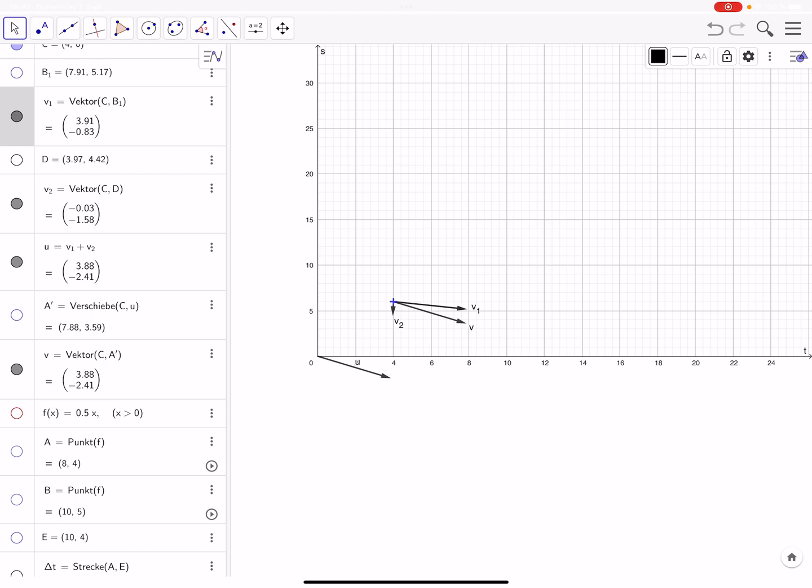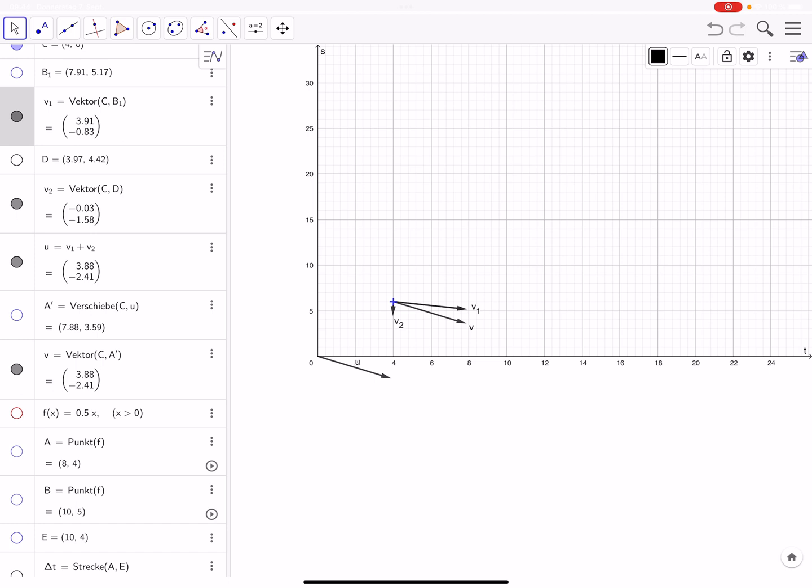This already explains the vector properties of this quantity. And so when we look at the formula, the vector v is the ratio of delta s divided by delta t.